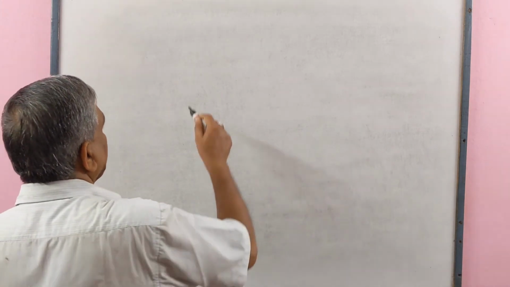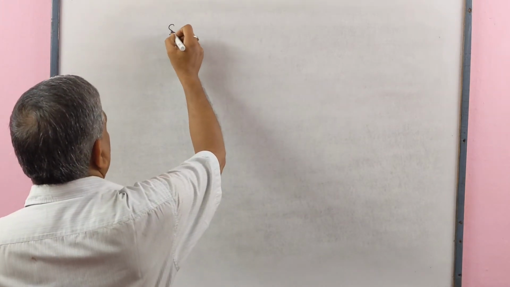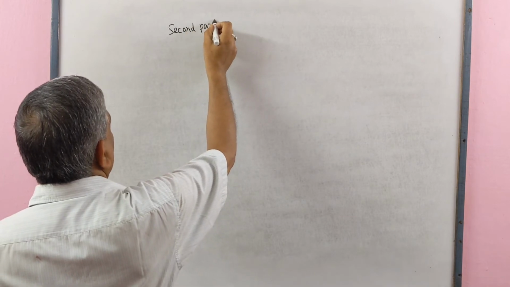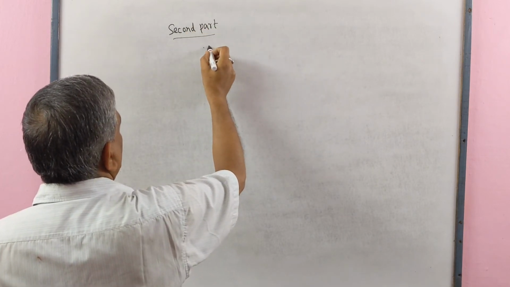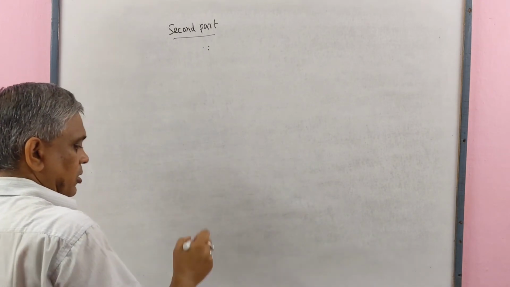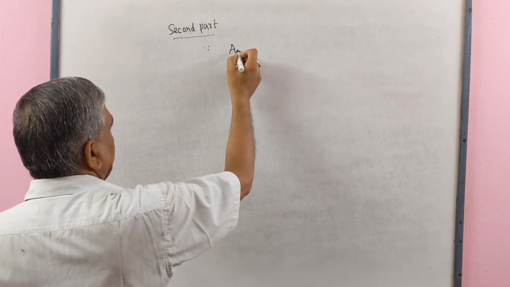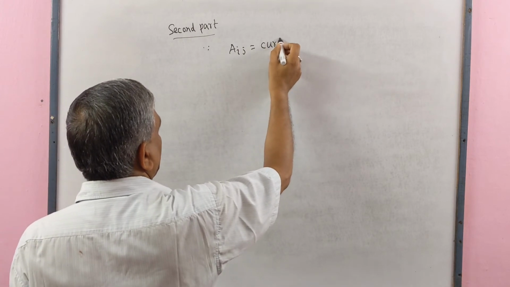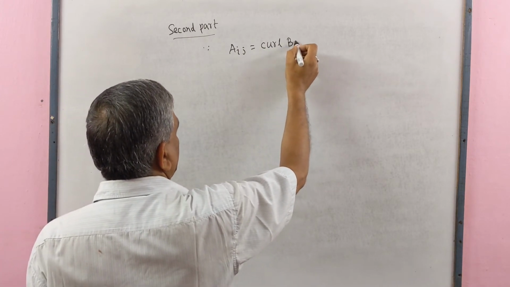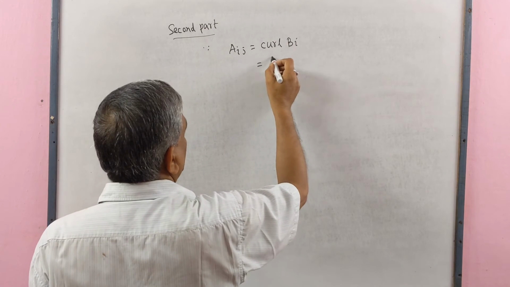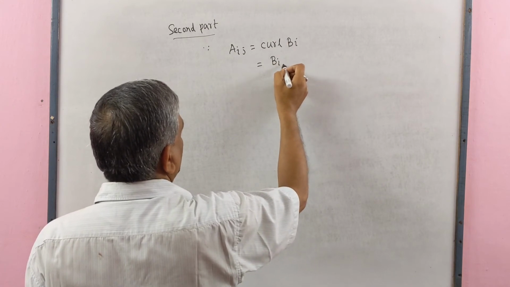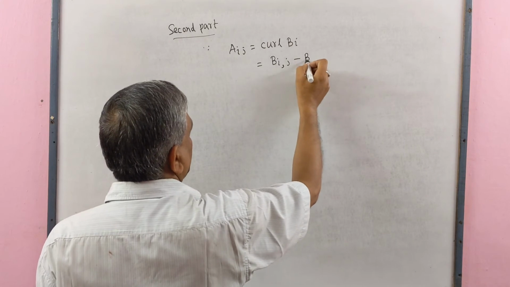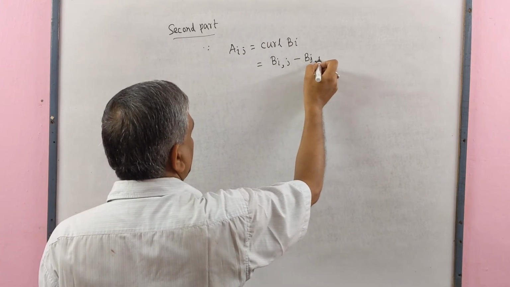Since a_ij equals curl b_i, this is equal to b_i,j minus b_j,i.